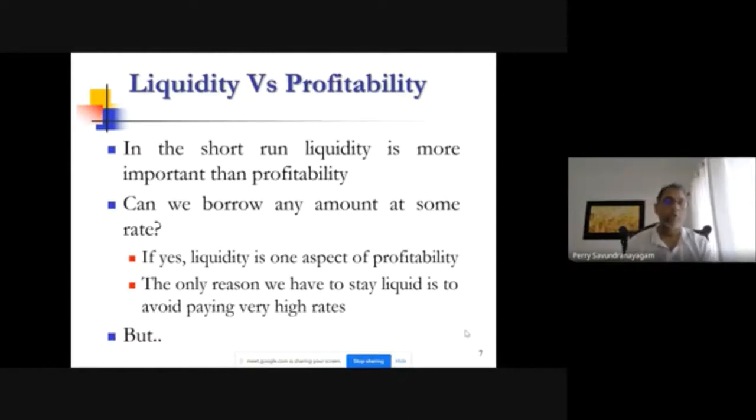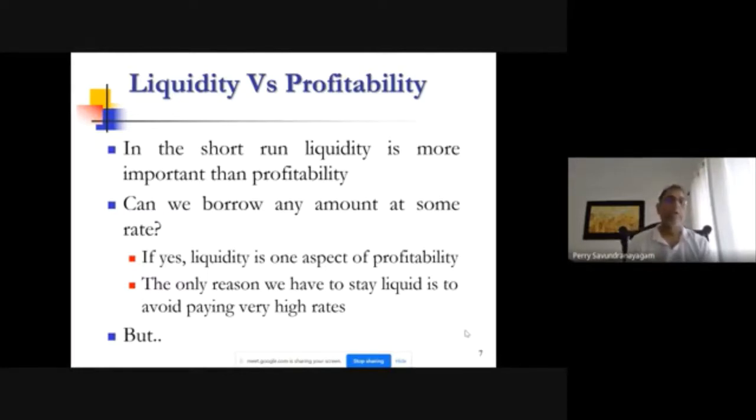So if you are liquid and not impacted by this, you're fine. If you're illiquid for whatever reason, because you have a payment going out or something or the other, and you are not impacted by the market scenario, you should generally be able to borrow, but at a higher interest rate, as long as you can convince your lender that you're still good for the credit and there are credit lines for you.